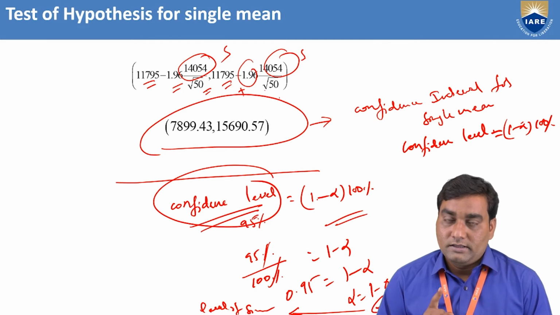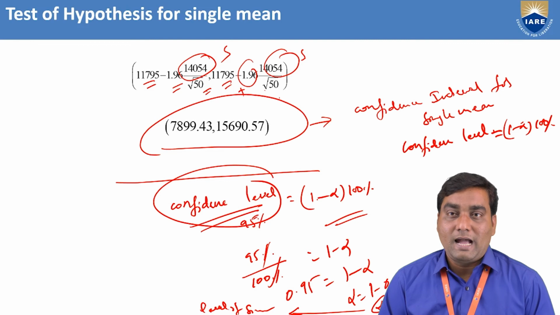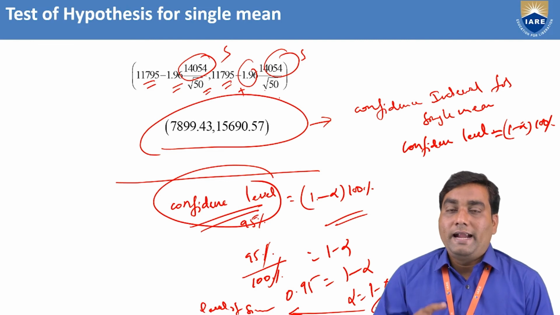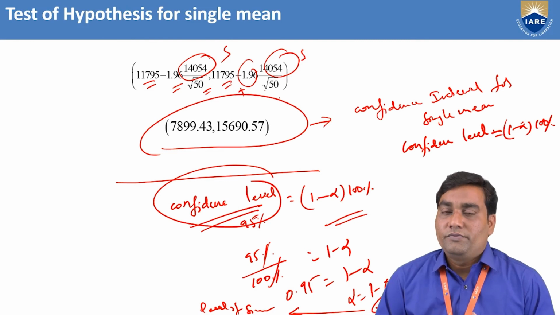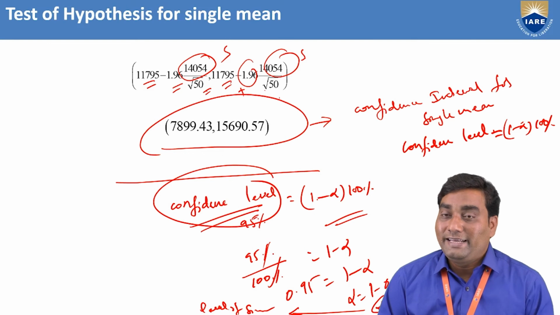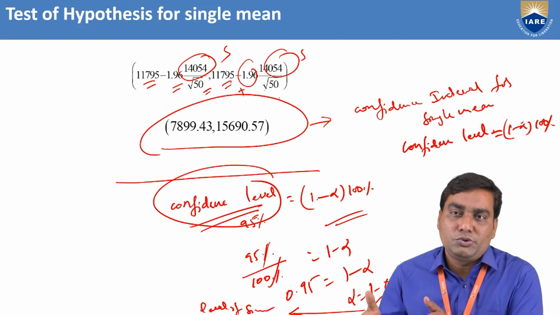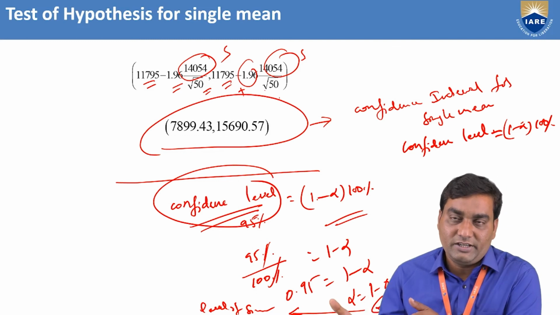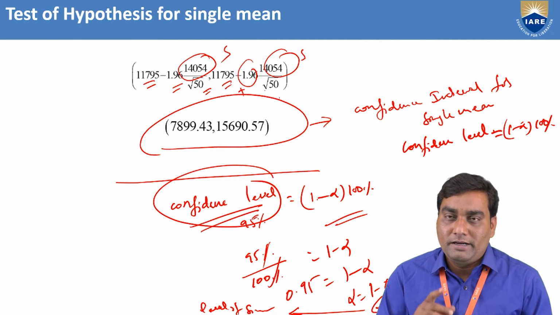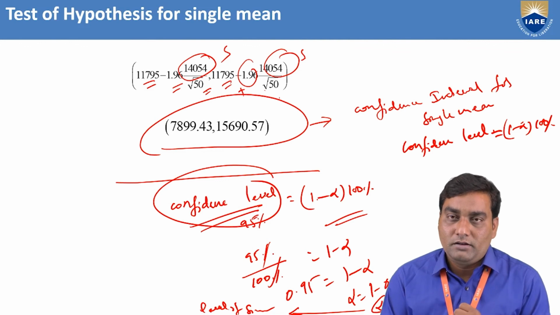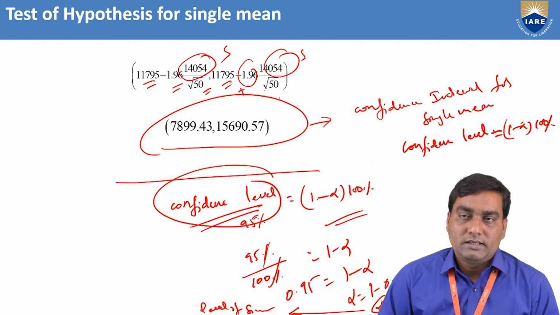First case, one sample, large sample, and if we want to check whether the mean came from the population or not, we can use test of hypothesis for single mean. In case it has two samples, we'll discuss in the next session. But blindly remember, it should be one large sample. Whether the sample came from the population or not, we can use test of hypothesis for single mean.